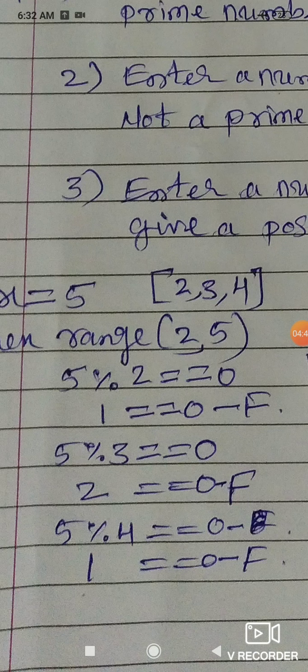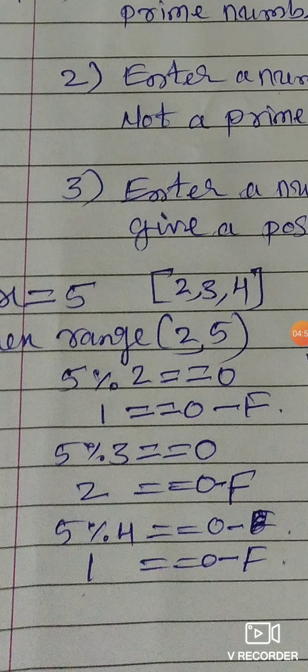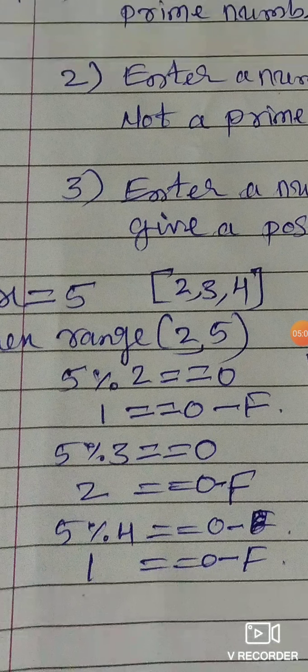Again, the second time it takes the second value, that is 5 mod 3. This expression gives the remainder 2. Is 2 equal to 0? This condition is also false. Then the last value of the range is 4. 5 mod 4 gives 1, and 1 equal to 0 is also false.